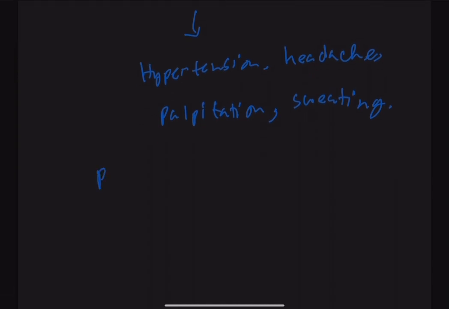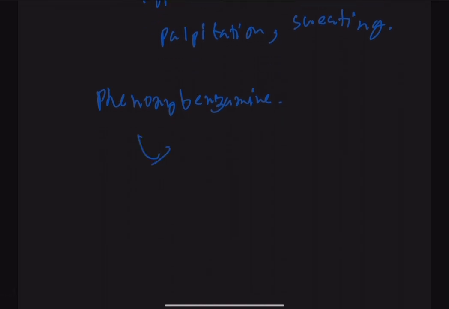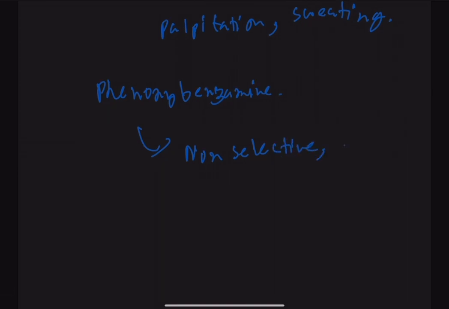In pheochromocytoma, the drug we use is phenoxybenzamine. Because phenoxybenzamine is the non-selective alpha adrenergic antagonist and is also irreversible. Okay, why it is irreversible? Because it binds with the alpha receptor with covalent bond. Okay, so it is a very strong bonding, so it can't be easily broken.